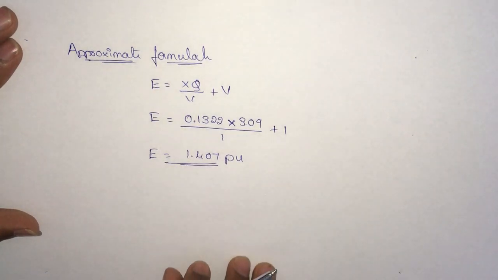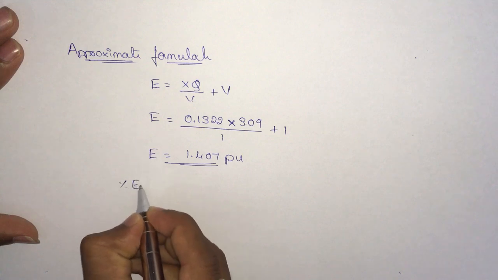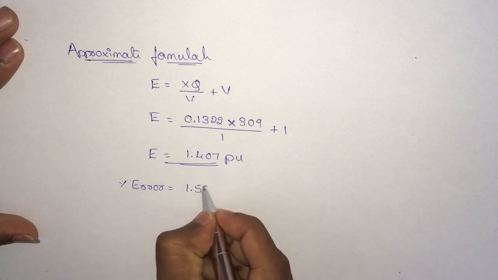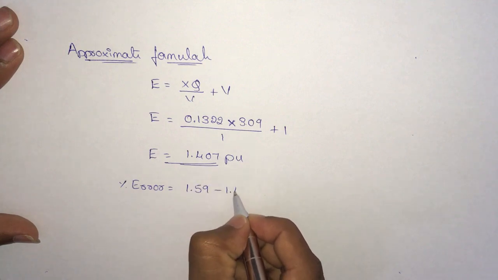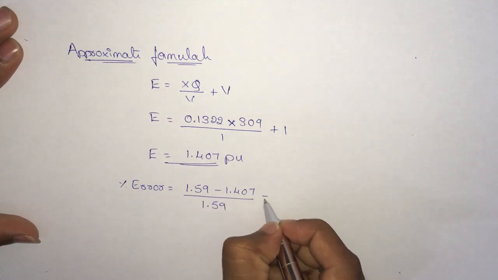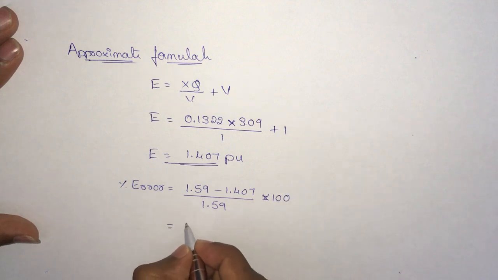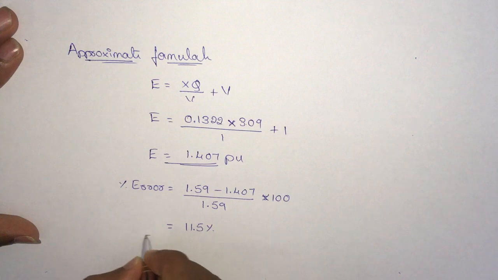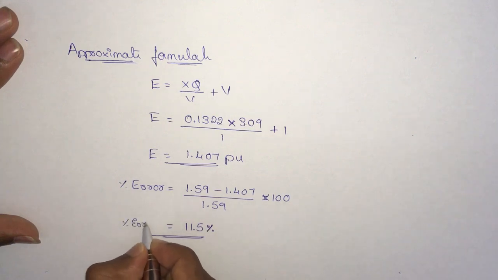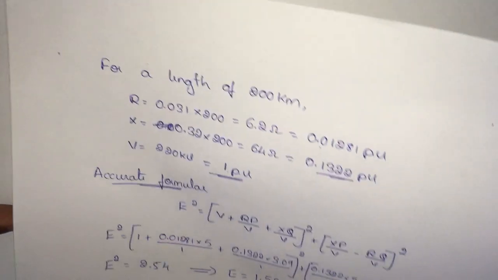This is for the approximate formula, and the percentage error is equal to 1.59 minus 1.407 divided by 1.59 into 100. It is 11.5%. Percentage error is 11.5% for the approximate formula.